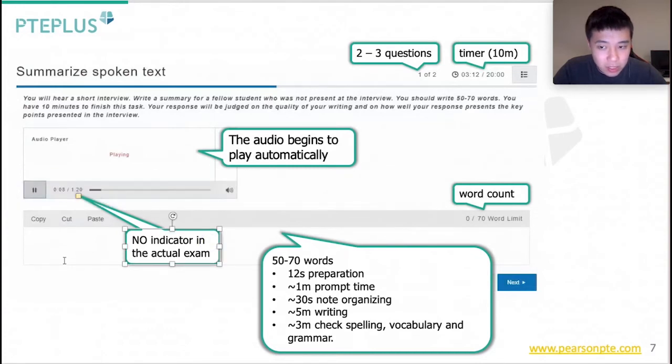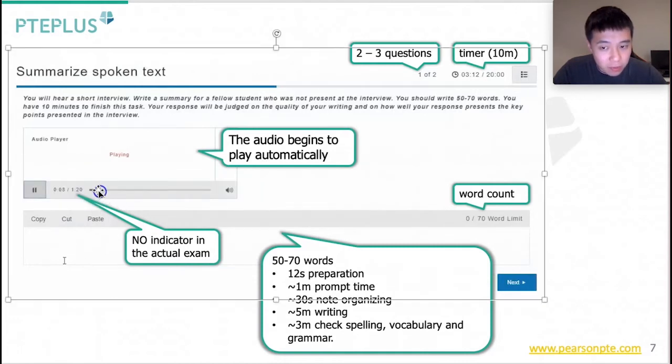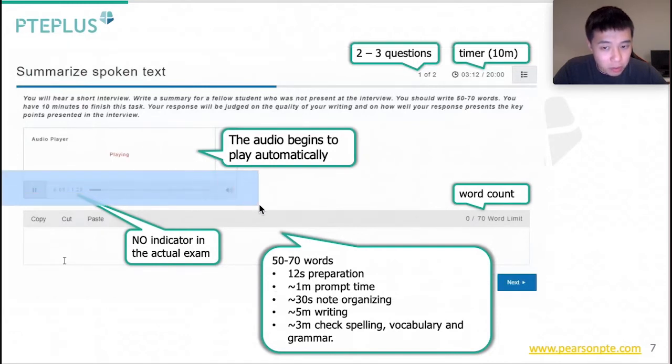Right? You can only tell the length of the lecture by observing how fast this bar goes. Right? If it goes really slowly, that means this lecture is pretty long. But if it goes very fast, then that means you're probably getting a 60 seconds long lecture.